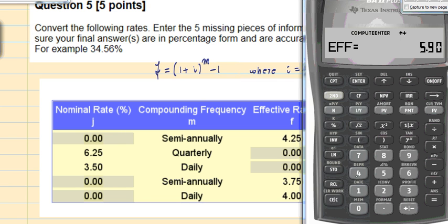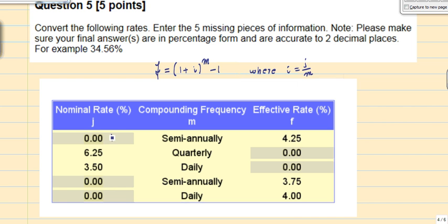Effective rate is given as 4.25, enter, and then number of compounding periods, it's semi-annually, that's 2, and enter, and then you want to scroll down to nominal and compute, and the answer for this one is 4.21.